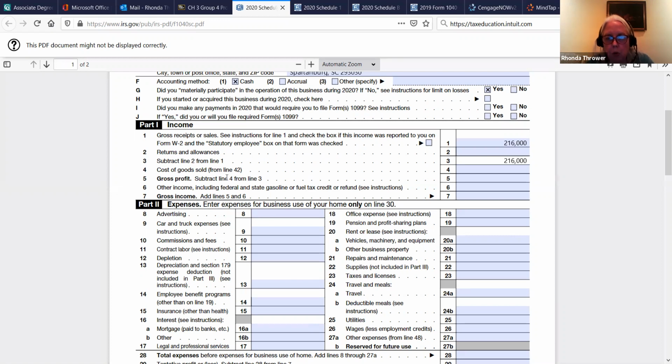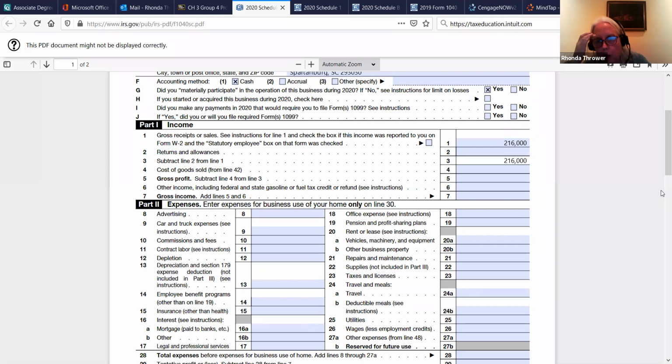Now, in part 4, you would fill out the cost of goods sold. But since in this problem they were not selling goods, they didn't have any inventory to sell. So you wouldn't fill out this cost of goods sold section at all. But if you were a merchandising business and you were selling inventory to earn a profit, then you had to buy the inventory before you could get it sold, and that would go in the cost of goods sold.